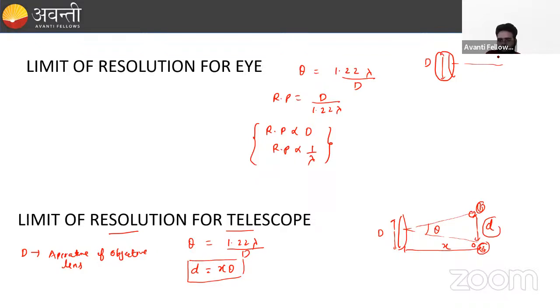If A and B are two objects placed here, to calculate this small distance d, if the angle subtended is theta, then d can be written as x into theta. I hope this is clear for you. And we have to remember this formula, what the proportionality is and how it varies.